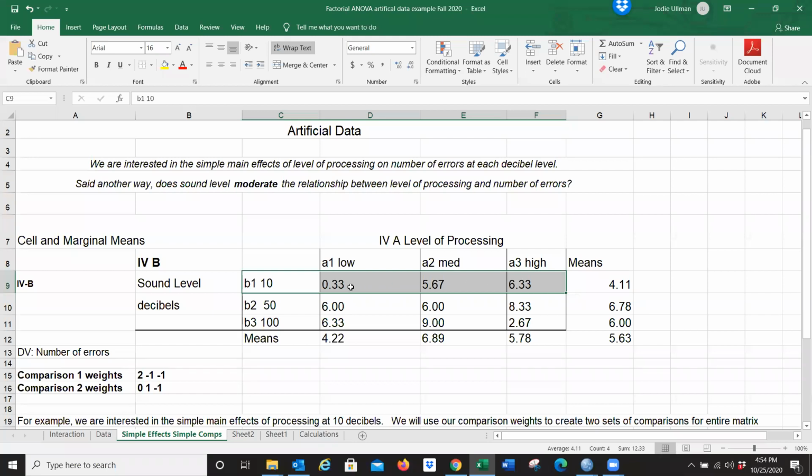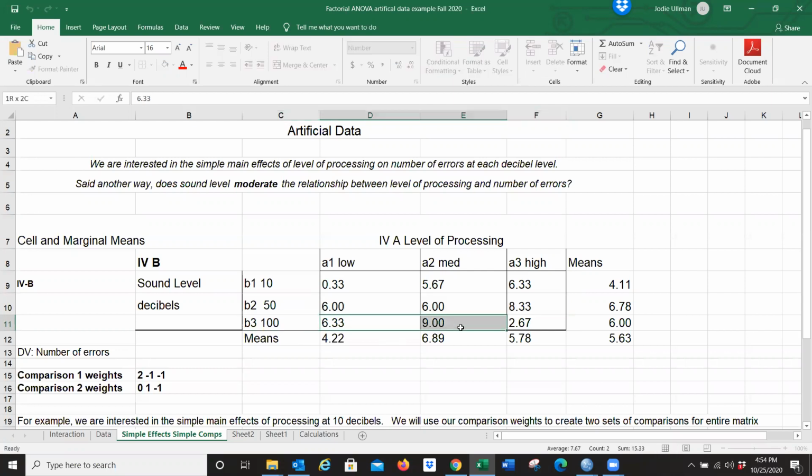So we're doing like a little mini ANOVA just on these three cells. We could do the same thing and look at just people who have heard 50 decibels of sound. And again, a little mini ANOVA here, and finally a little mini ANOVA here. So we've got little mini ANOVAs for these simple main effects.